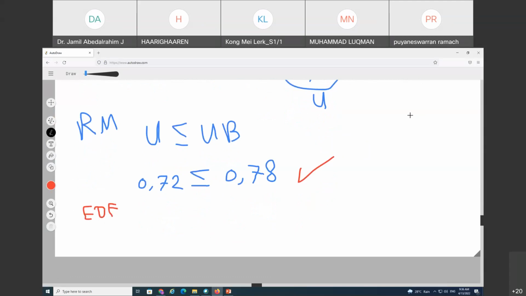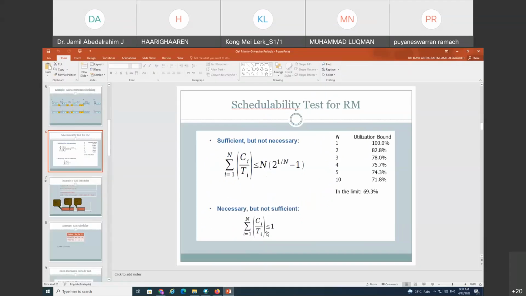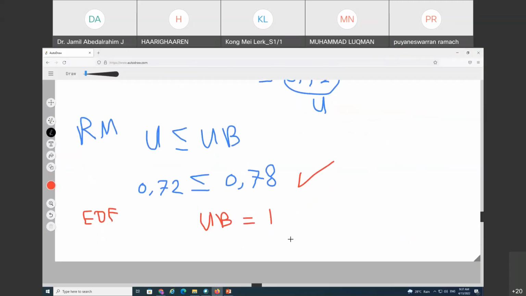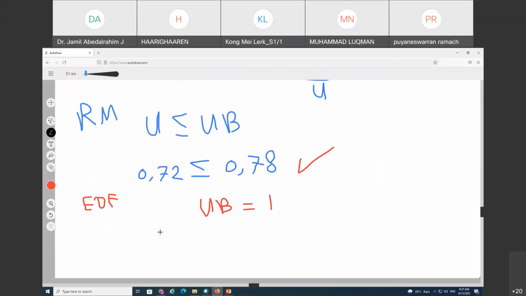As I said, what is the utilization bound of EDF? It's 1. So in this case, is the utilization equal or less than 1?